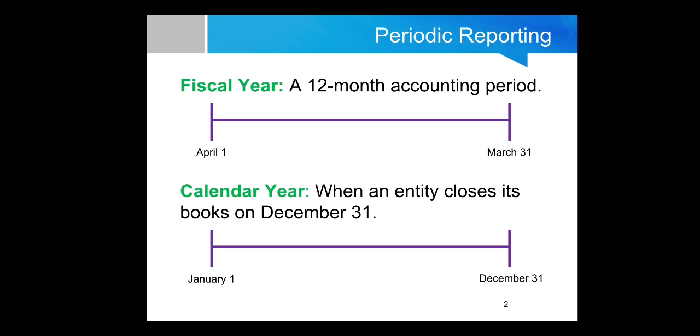One of the assumptions that we have is the time period assumption, or principle. The time period assumption says that when you do accounting records, you have to assume that the life of a business can be divided into periods.